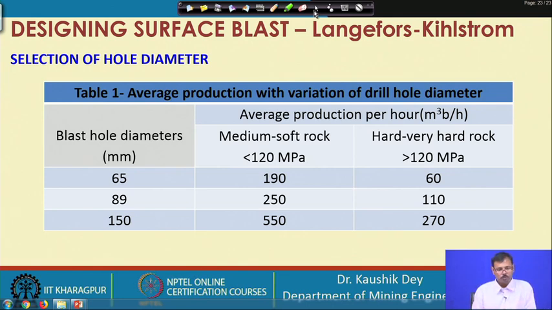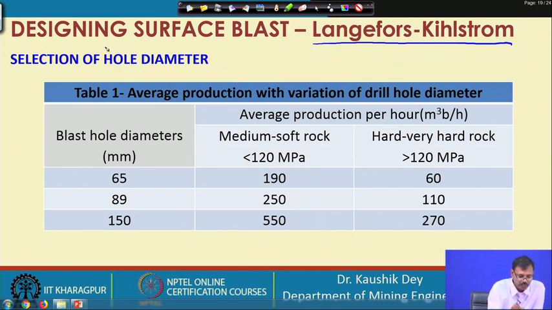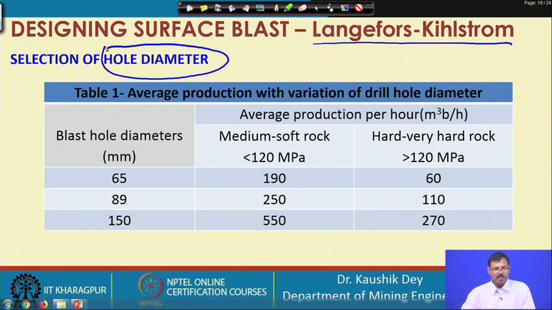So, this is more or less Coney's theory, which we have discussed, basically carried out based on the bench height. Now, let us look into another one, which is basically the theory of Langefors and Kihlstrom. Langefors Kihlstrom has given this criteria where we start our designing of the blast from the diameter of the hole.